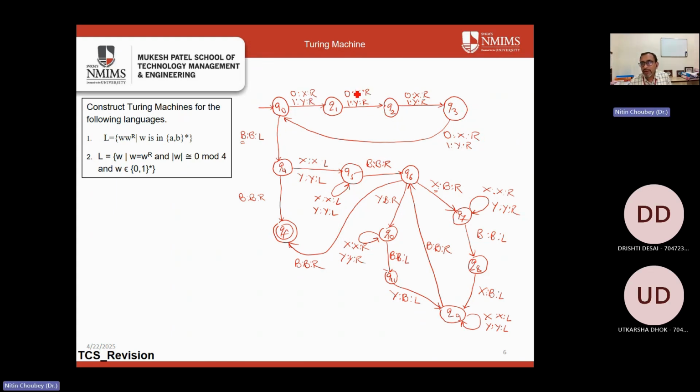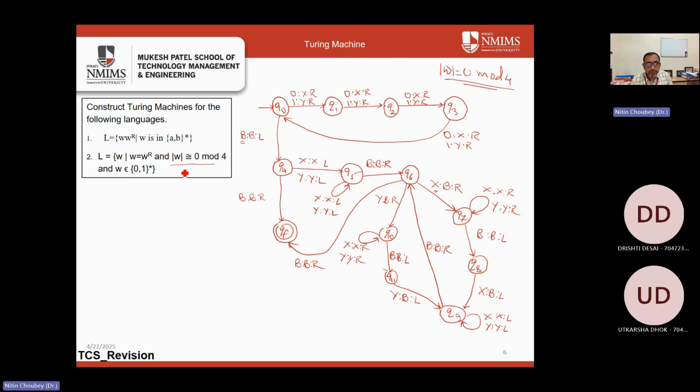We are simply verifying the length here. Is the length of W equal to 0 mod 4, that we are checking through Q0, Q1, Q2, and Q3. Once we ensured it was of length 4, that means one criterion is satisfied.